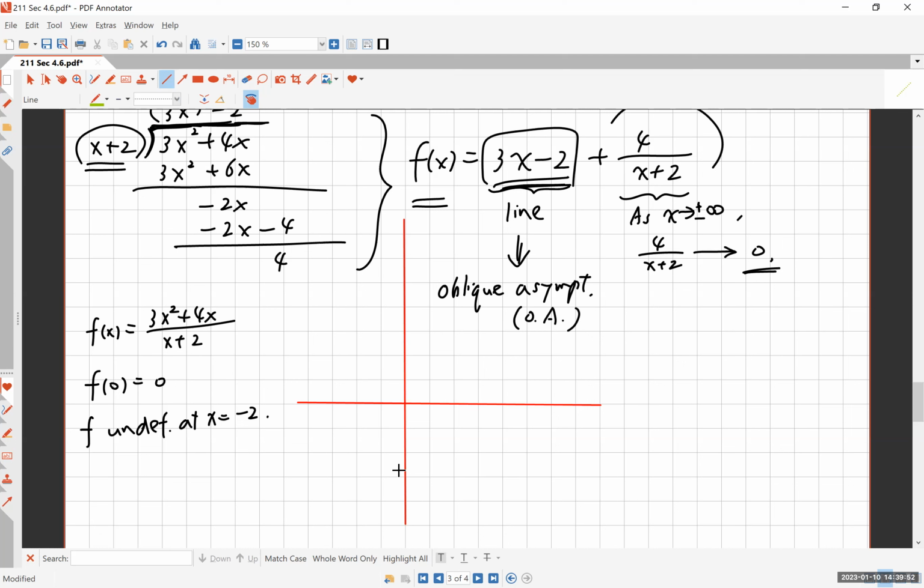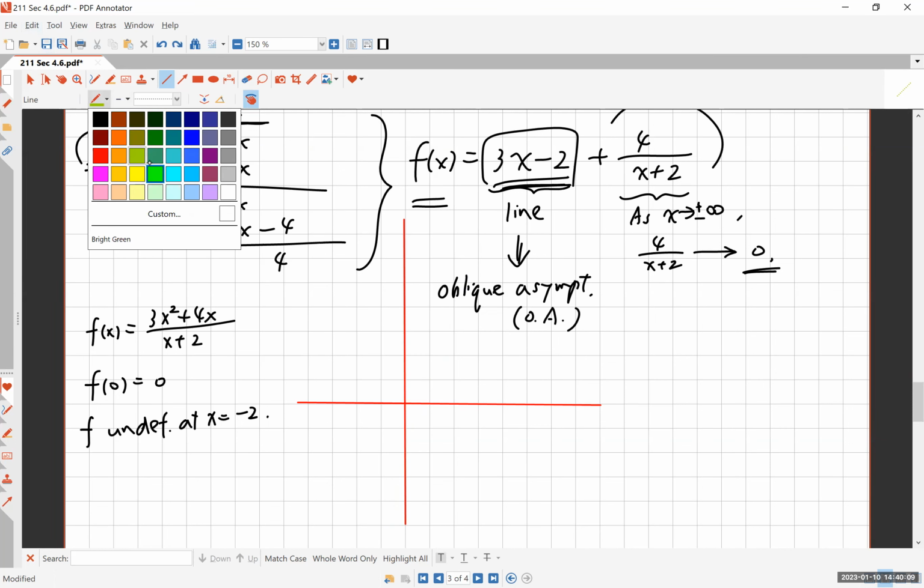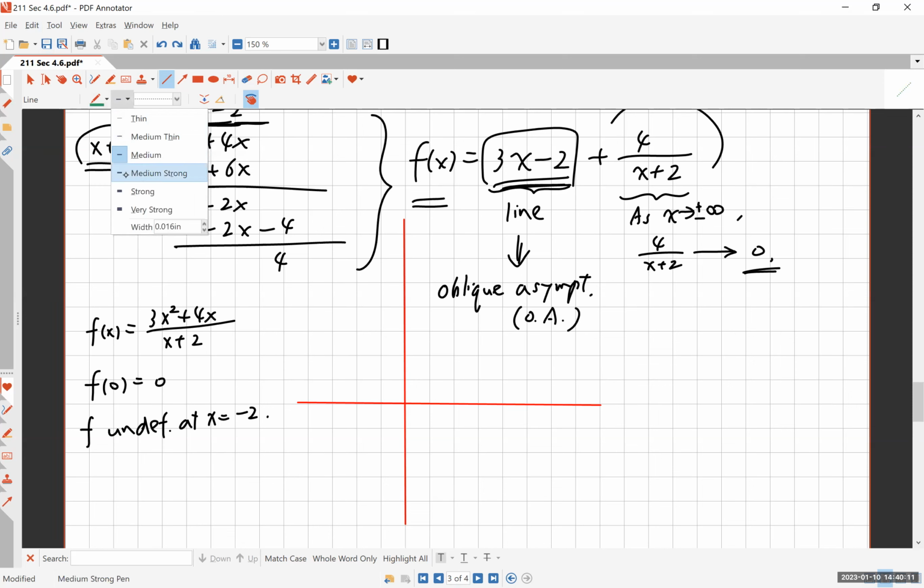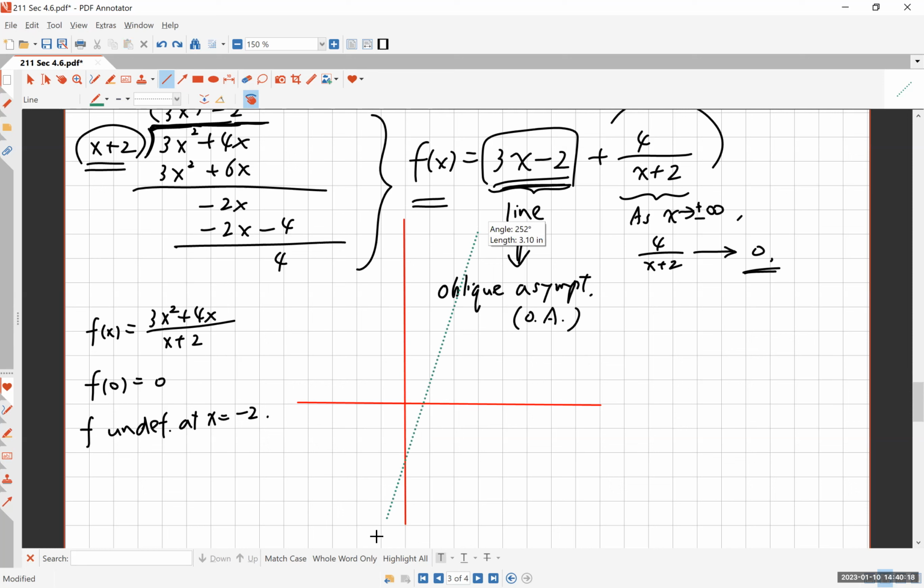And so you go from here, and the slope is 3. And so it looks like it's going to go like that. That wasn't very clear. Maybe I should draw with a little more authority. Okay, so that right here, like that. Okay, so that's the oblique asymptote.